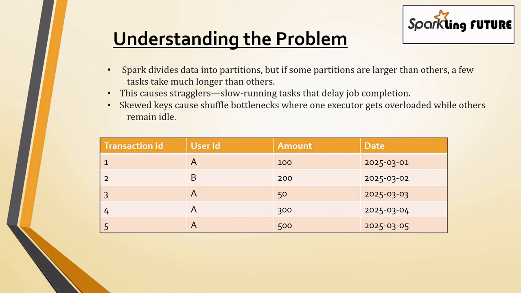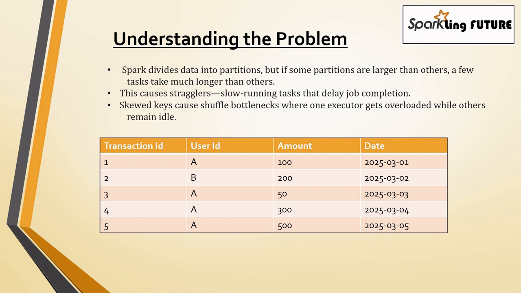The partition that has the data of user A will take a lot of time to process because it has more records than the second partition, where for B only a single record is present. In such situations, we will observe data skewness.